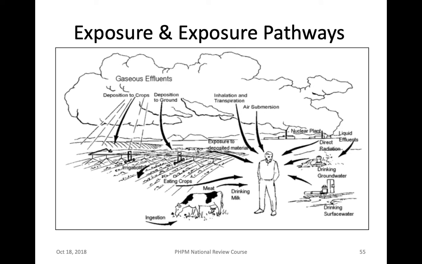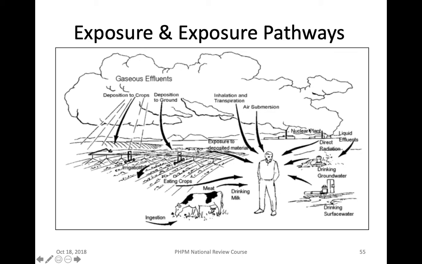So here's some examples of the exposure and exposure pathways. So there's the gaseous effluents, there's the deposition to crops, deposition to the ground, there's the irrigation, eating the crops by the animals, ingestion, which can become meat, and drinking milk for humans, exposure to deposited material, inhalation and transpiration, air submersion can still go to a human.